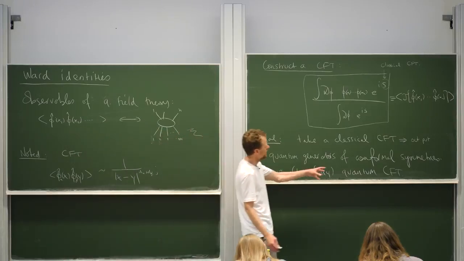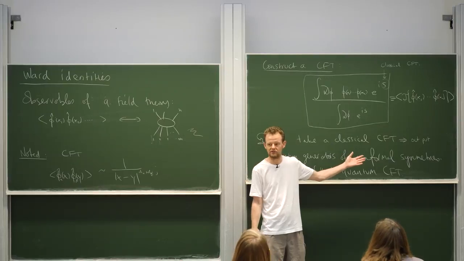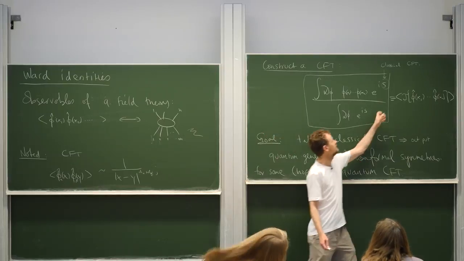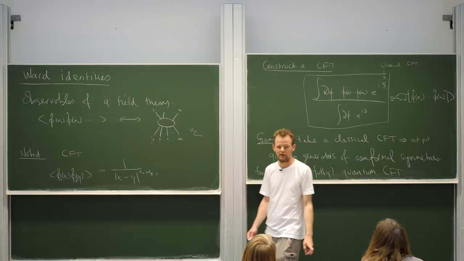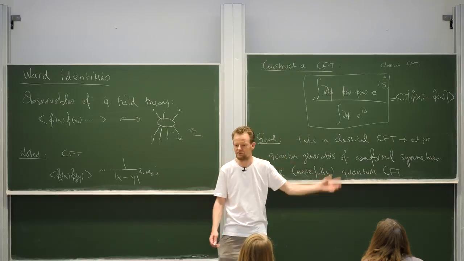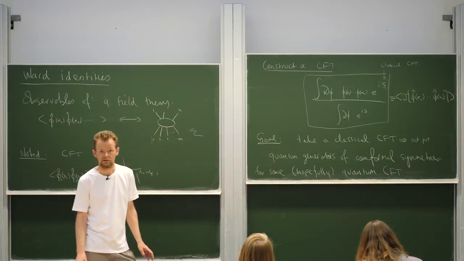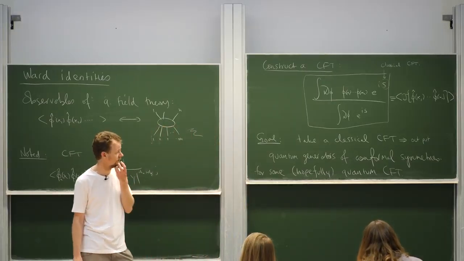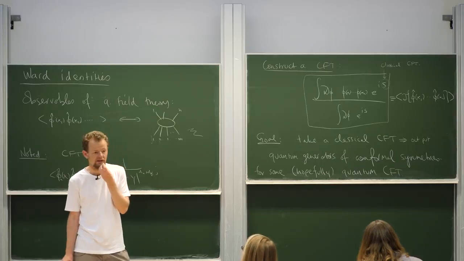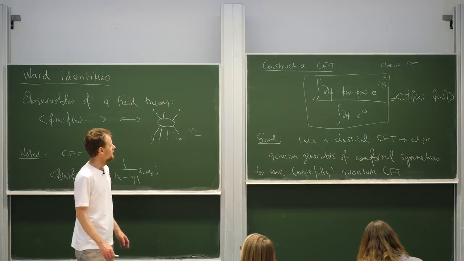That still won't yet quite present an example of a conformal field theory. Our last step in constructing a quantum conformal field theory will be to collect some actions for classical conformal field theories and then just deploy this procedure. We're not going to do that today. Our first example, the construction of which will probably occupy us for the rest of this course, will be the simplest possible example you can imagine, namely the free boson.